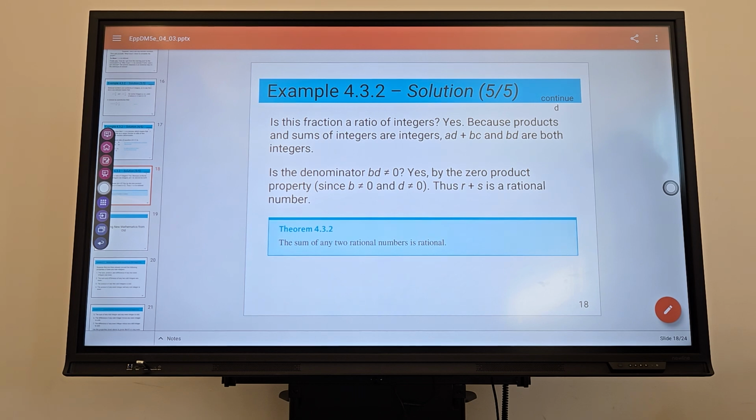AD plus BC and BD are both integers. BD is not equal to 0 by the zero product property, and thus R plus S is a rational number. So you get theorem 4.3.2.